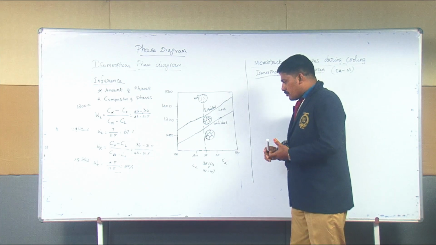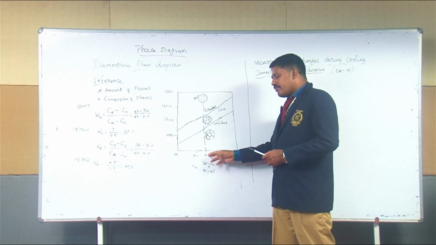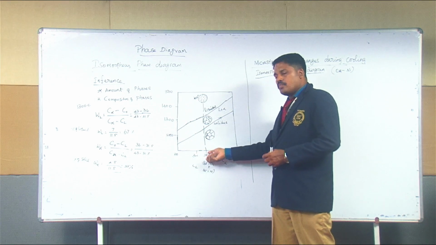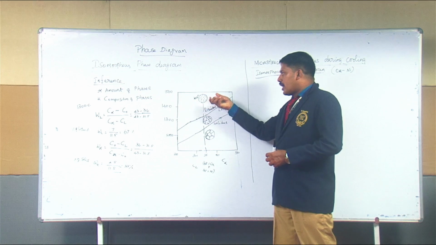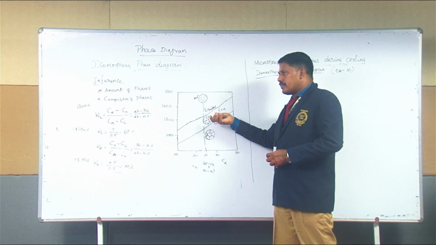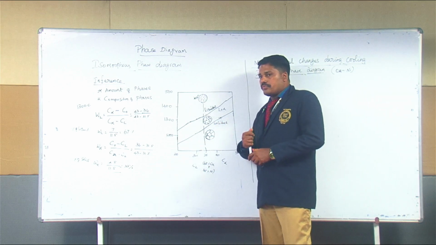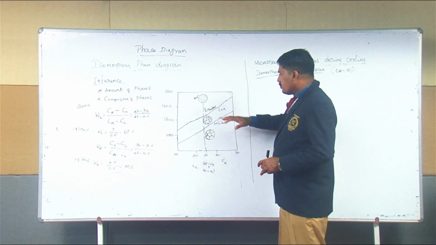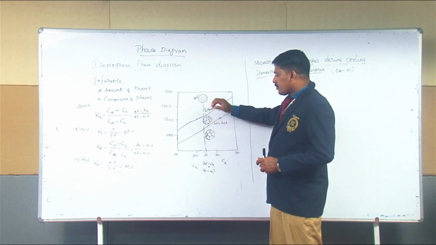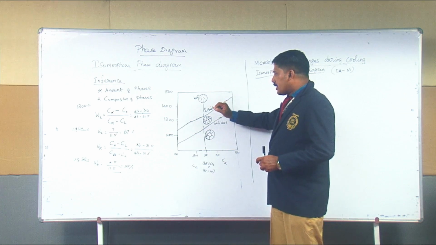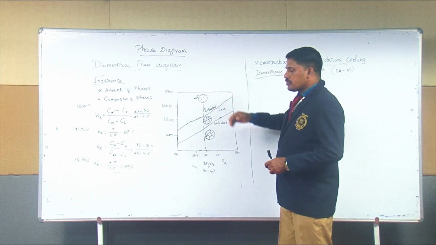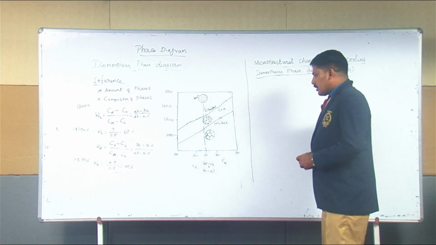So for a particular composition value, how the alloying system exhibits a diffusion of atoms is easily represented by the microstructural studies.